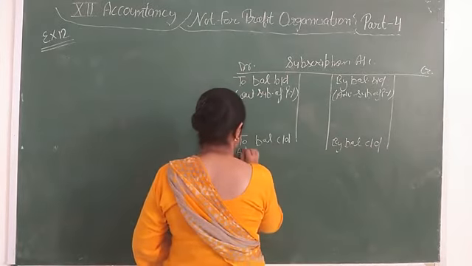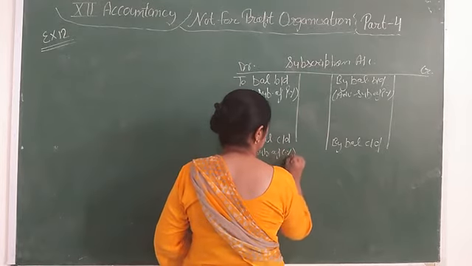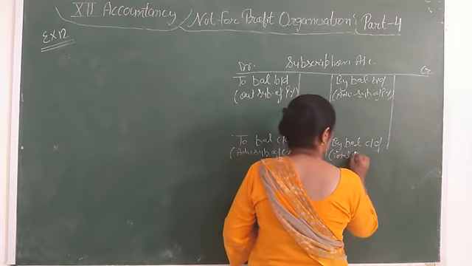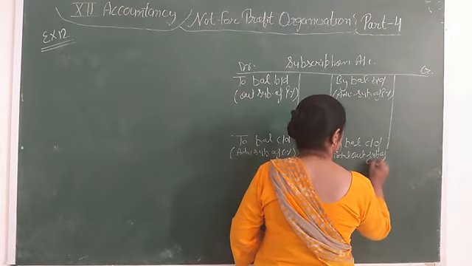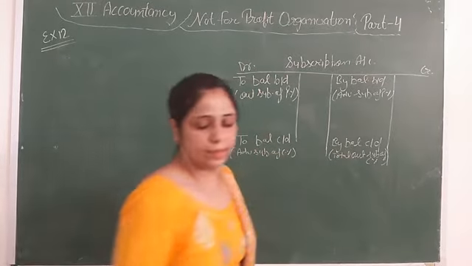This is the advance subscription of current year, and this is the total outstanding subscription of current year. Total means previous year and current year.